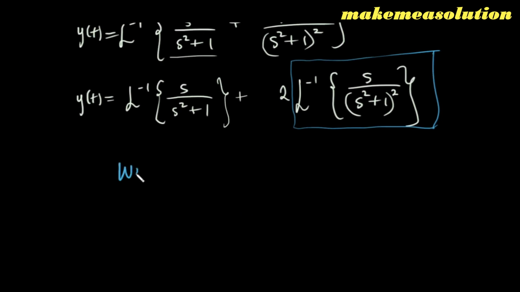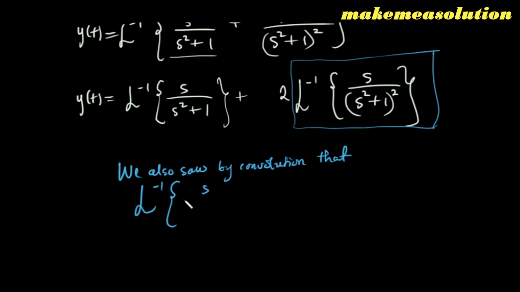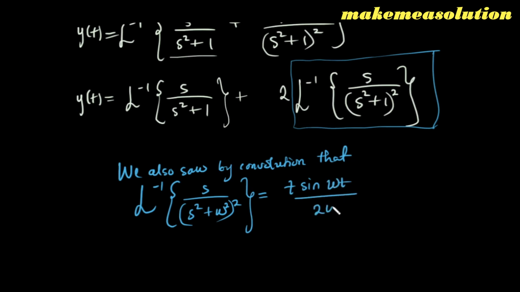So we also saw by convolution that the inverse Laplace of s over s squared plus omega squared all squared is given to me as this function: t sine omega t all over 2 omega.